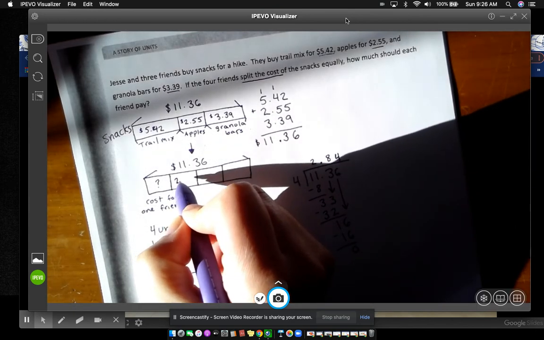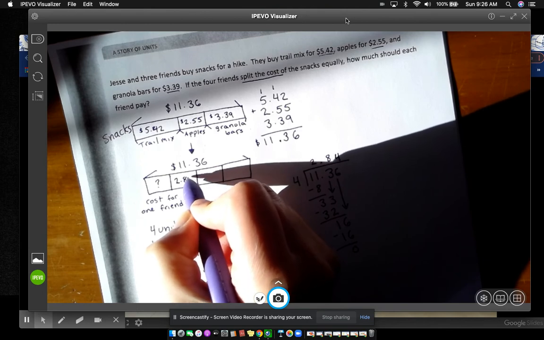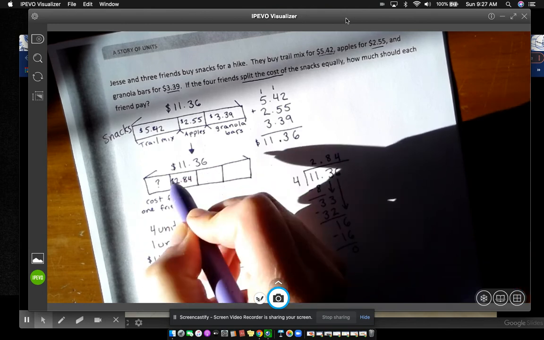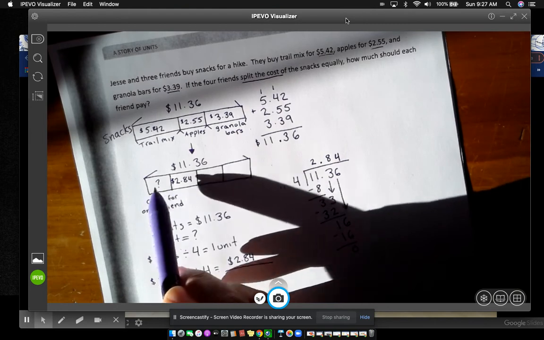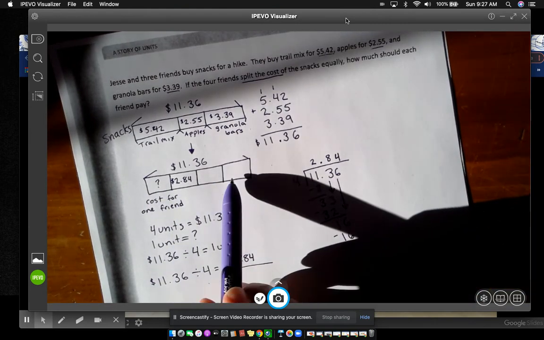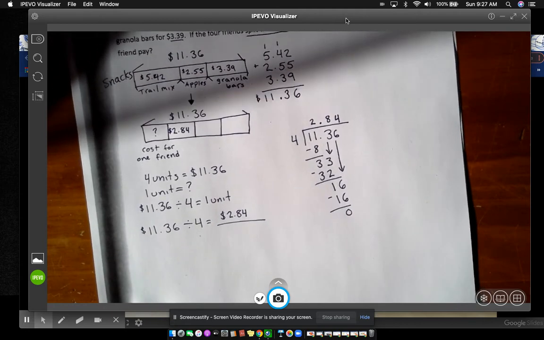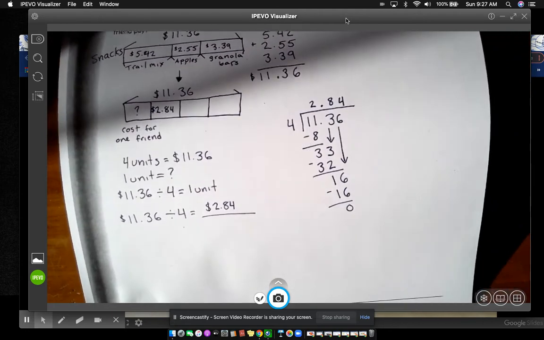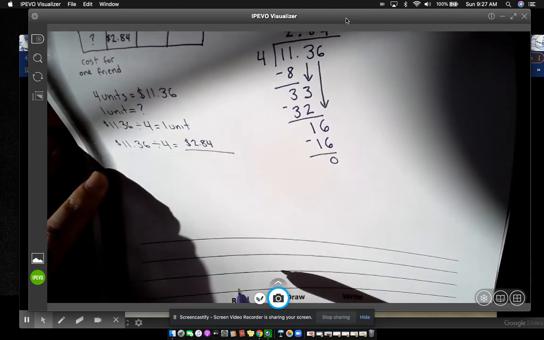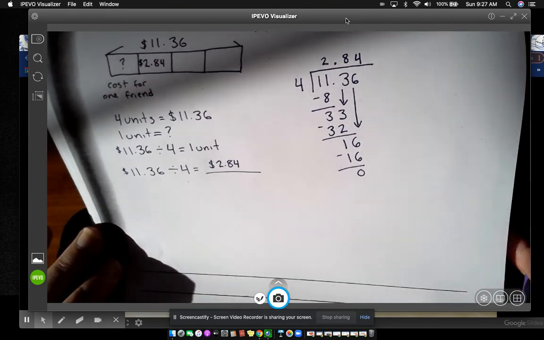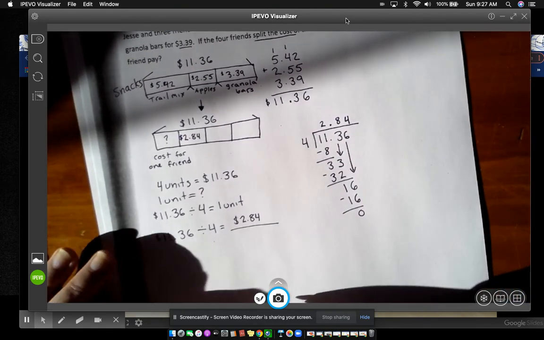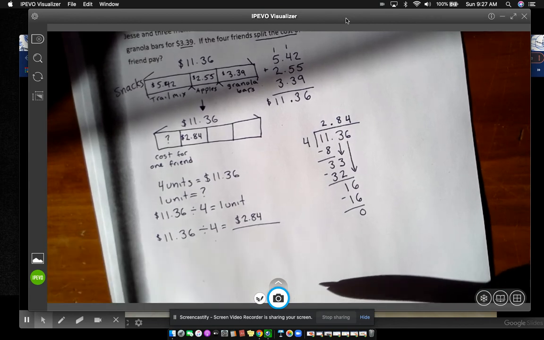Now I'm going to put it into my tape diagram. You don't have to, but I like to see it there. And I know that since they're all the same, that I don't need to write it 4 times. And on your paper, you have some lines to write your sentence at the bottom. You can write it on the lines or you can write it just in the space underneath if you still have space. So that's what I'm going to do.